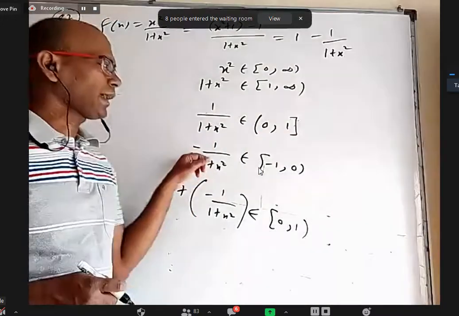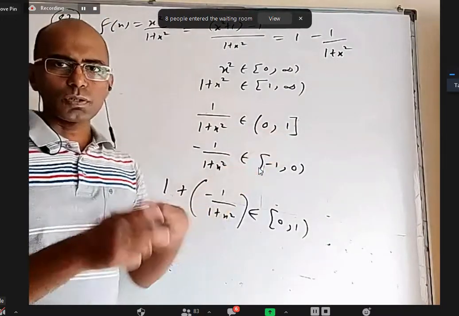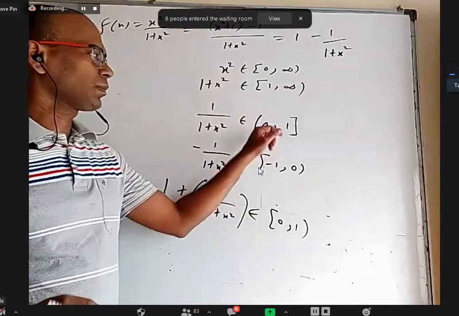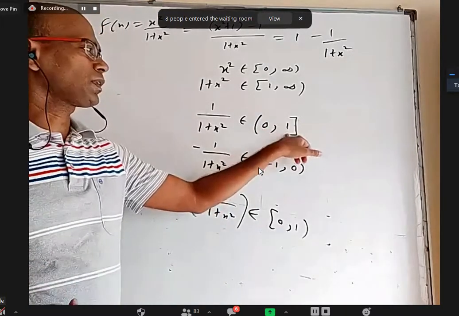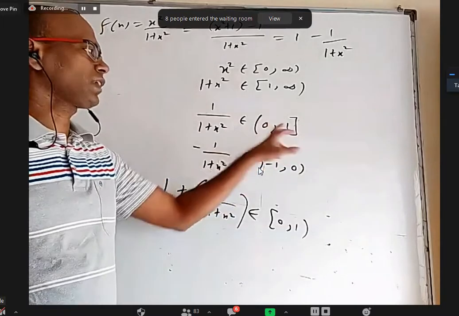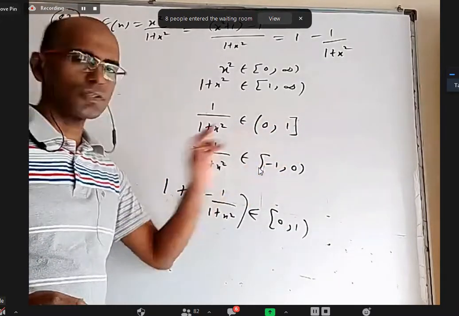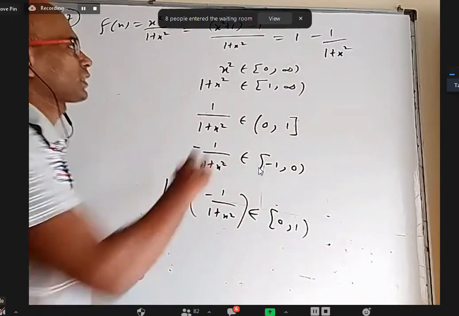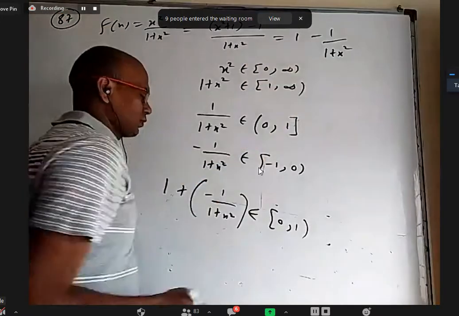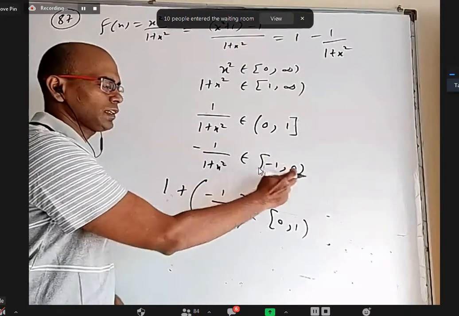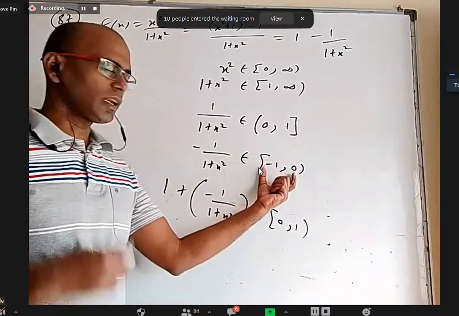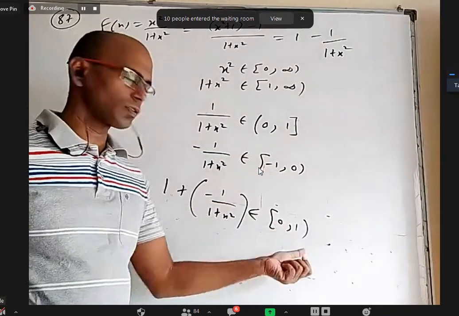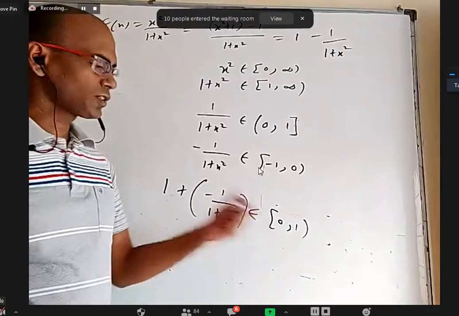Now when I multiply by minus, any number between 0 and 1 becomes minus 0.2, minus 0.3, minus 0.9, minus 1: the negative of all these values. The negative of this is minus 1, the negative of this is 0. And then I had to add 1 because I want 1 plus minus 1 by 1 plus x square. So I have to add 1 here and here. If something is between minus 1 and 0, by adding 1 it will be between 0 and 1. That is the range. Is it okay?